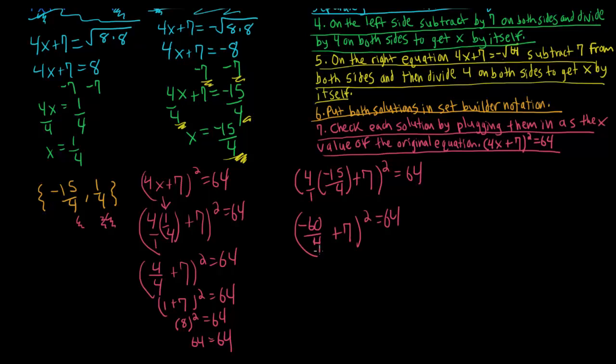Negative 60 over 4: 4 goes into itself once, 4 goes into negative 60 15 times. So that's just the same as negative 15 plus 7 squared equals 64.